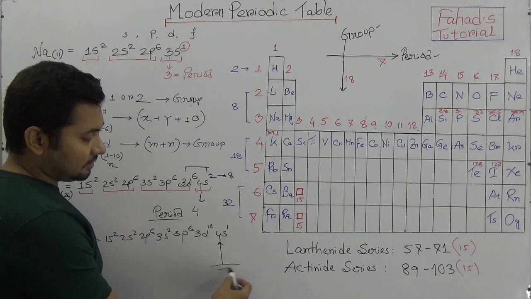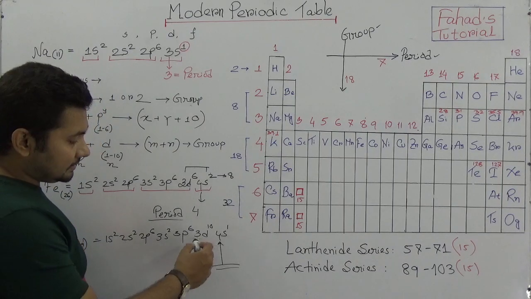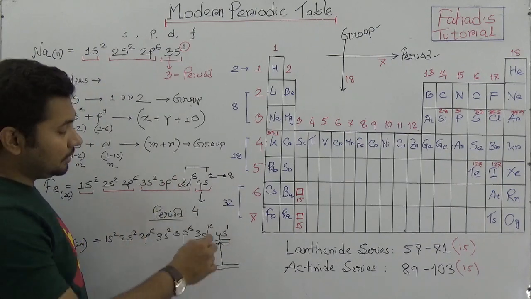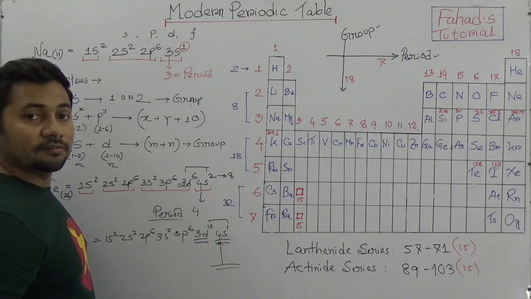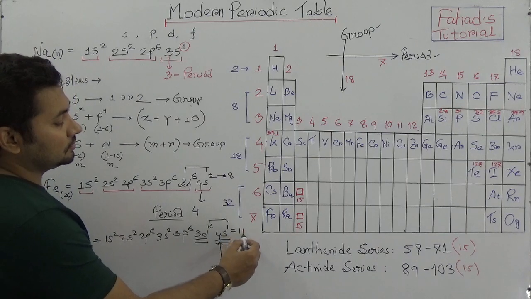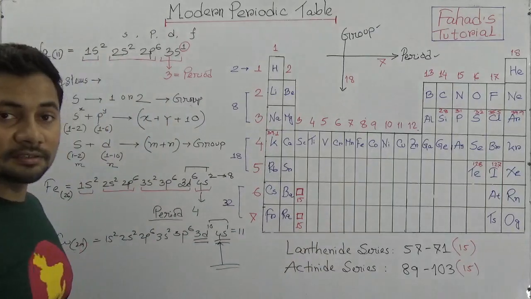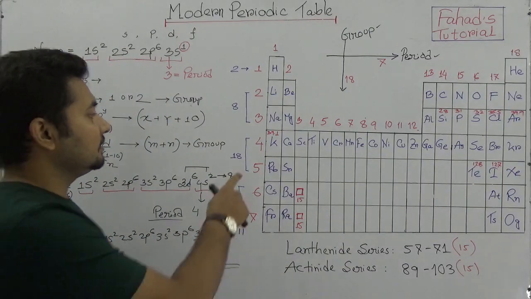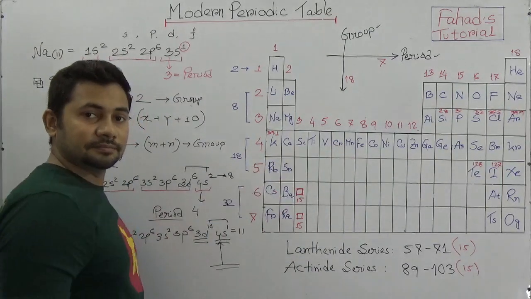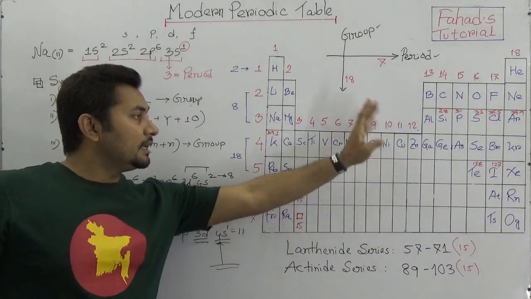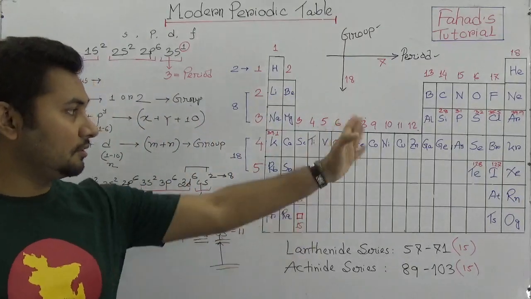So the period number of copper is 4. And as there is 3d and 4s, as we have only d and s, we just add the electrons of d and s, that is 11. So this determines the position of copper: group number 11, and period number 4. So we have copper in the 4th period and in group 11.